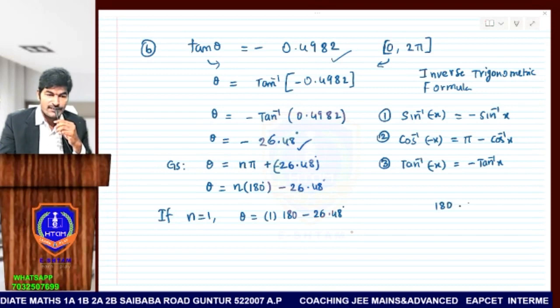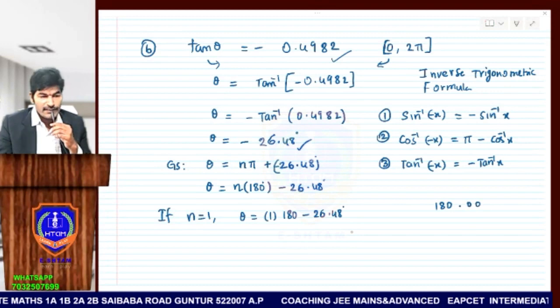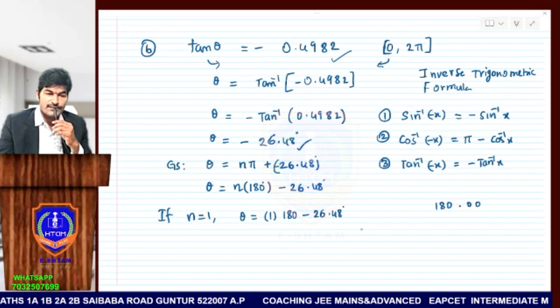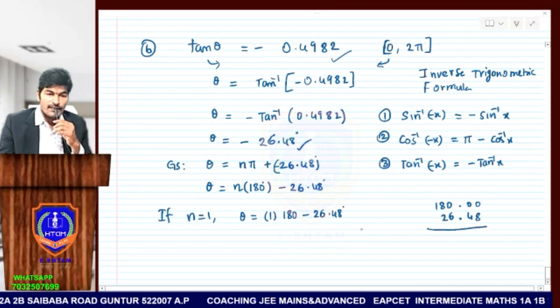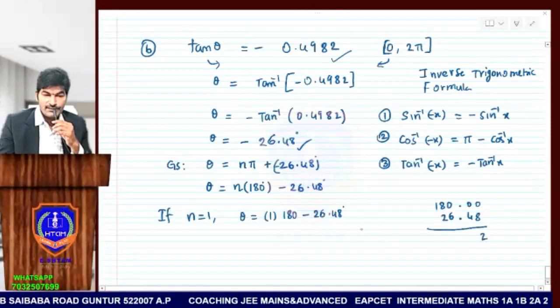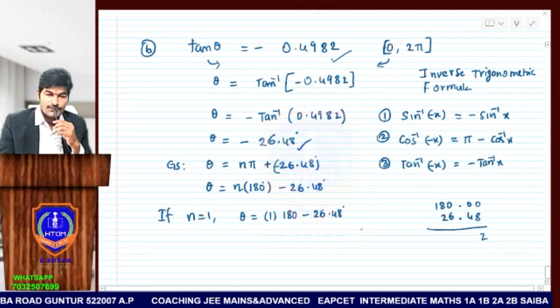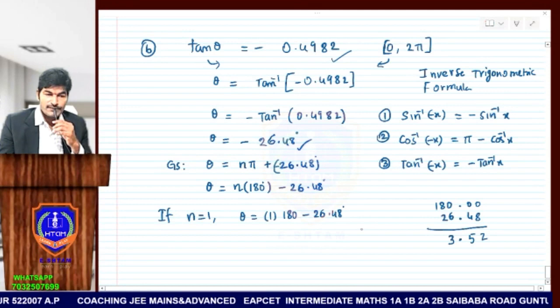Write 180 degrees as 180.00 degrees, and in the next line write 26.48 degrees. 10 minus 8 is 2. 9 minus 4 is 5. Dot, same point. 9 minus 6 is 3. And this will be 7 because 1 was borrowed from here. 7 minus 2 is 5. So this will be 1.